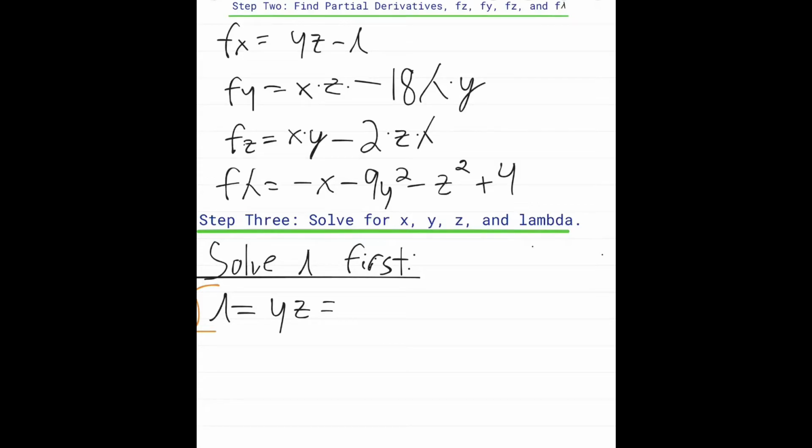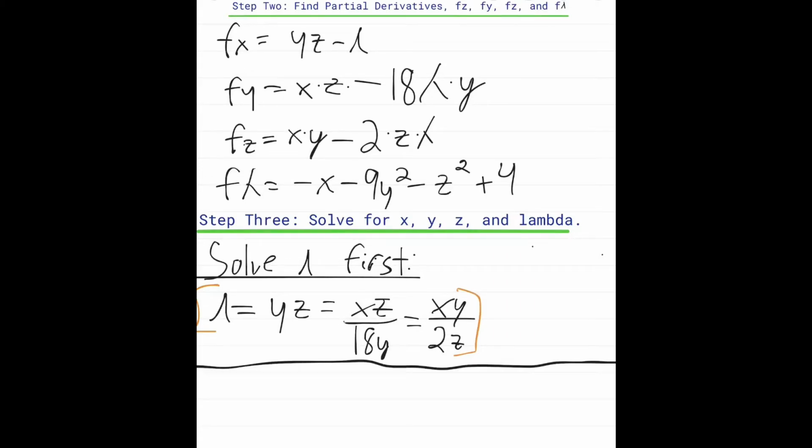So when you do the arithmetic, you get lambda is equal to yz from partial x, and from partial y, you get xz divided by 18y, and from partial z, we get xy divided by 2z. So that's our equality for lambda.